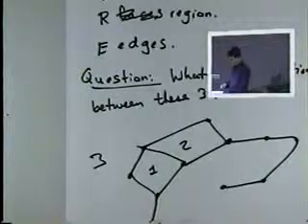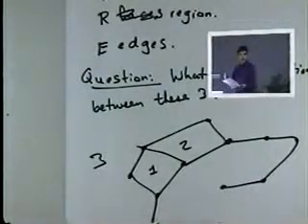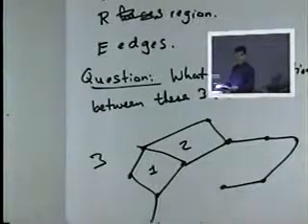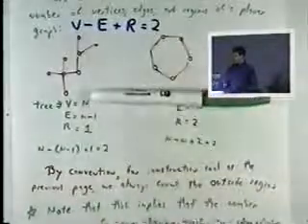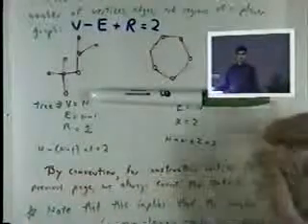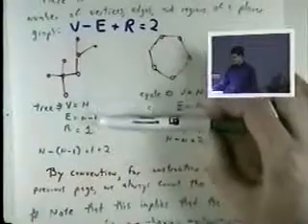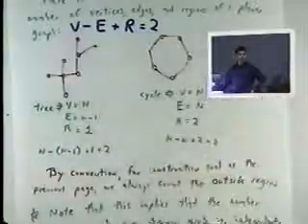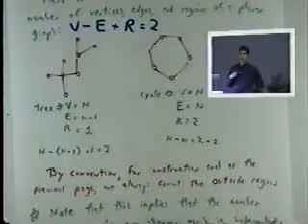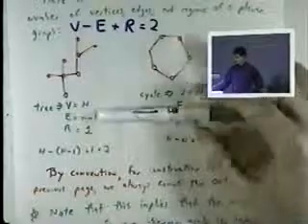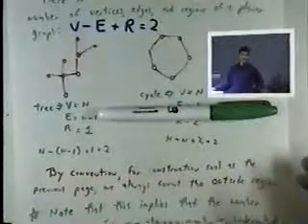So the question is, what is the relationship between the number of regions, the number of vertices, and the number of edges? If we look at a tree that has n vertices, because it's a tree, you have edges that connect all of the vertices together, and so there are n minus 1 edges.